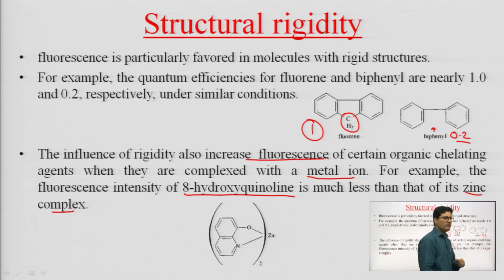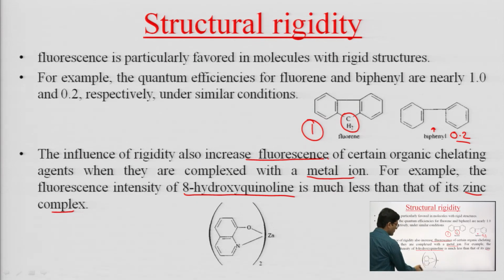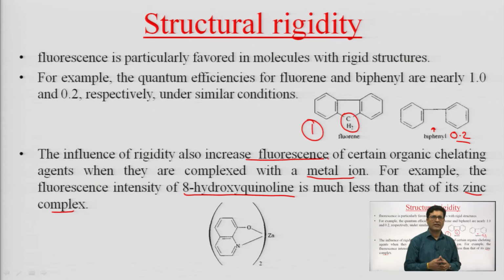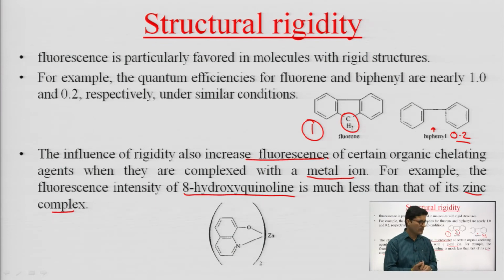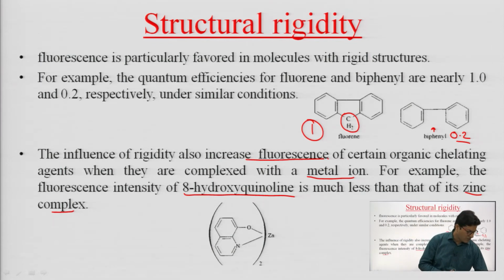So, here we have 8-hydroxyquinoline with the zinc. 8-hydroxyquinoline has a low fluorescence intensity, but when it forms a complex with zinc ions, its zinc salt has a better fluorescence intensity. So, this is also attributed to the rigidity in their structure.